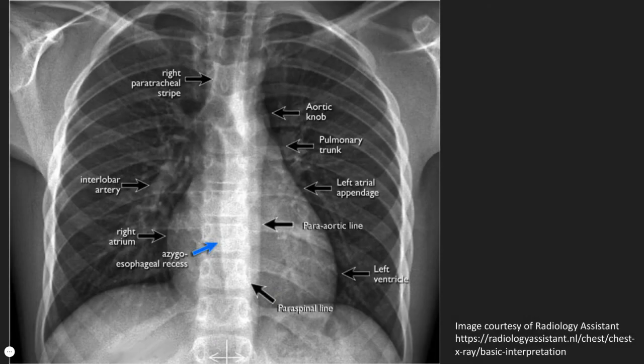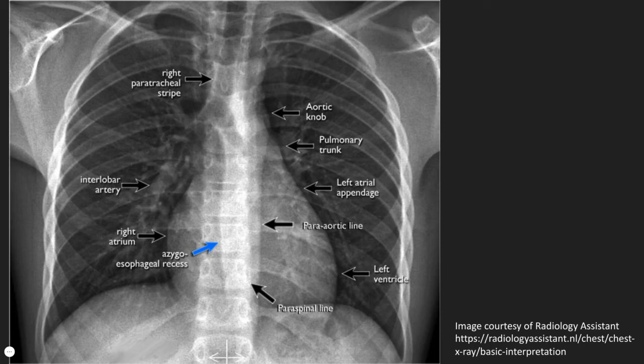It is important to know your mediastinal lines and stripes, as well as which part of the cardiac silhouette corresponds with which cardiac chamber. This is by no means a complete diagram, as there are both right and left paratracheal stripes, but only the right one is labelled.